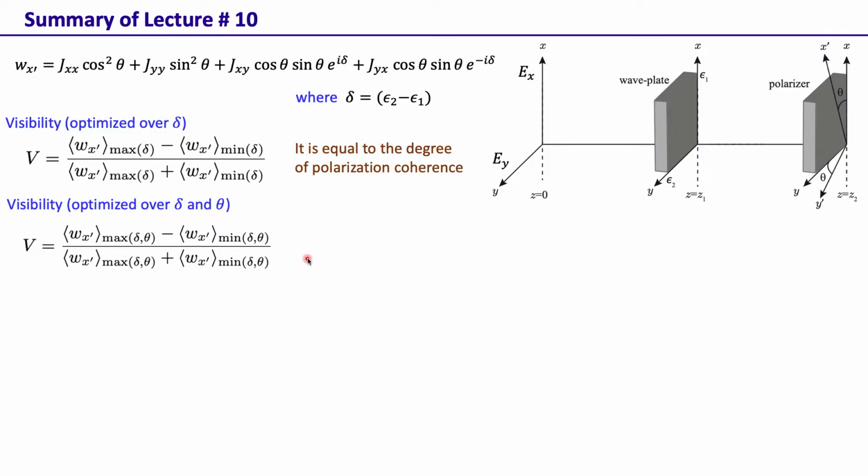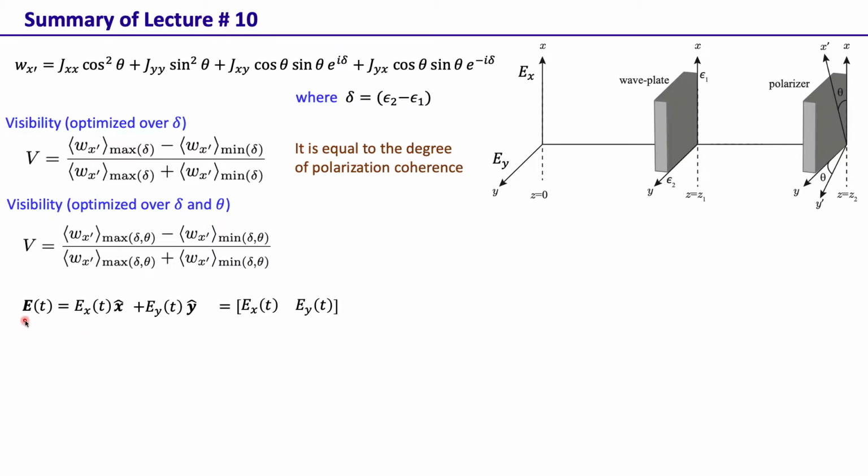Now, in order to calculate this quantity, if we have an electric field in this polarization basis, then this electric field is written in this vectorial manner, Ex in the x direction, Ey in the y direction. But this vector can also be represented in terms of a row matrix or even a column matrix.